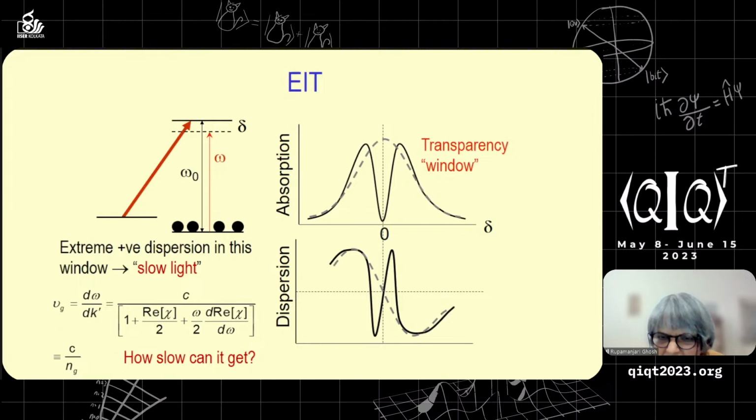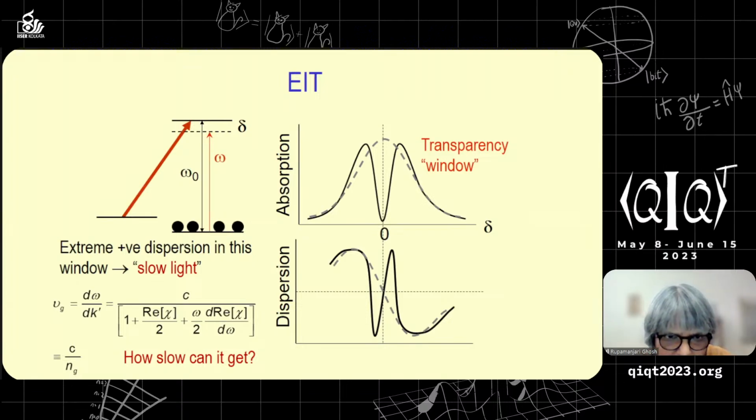What is slow light? Any material, light goes through it. This is again high school physics. Light passes through it, it gets slowed down, and the factor of the slowing down you call the refractive index, right?